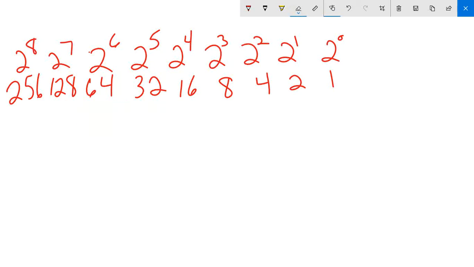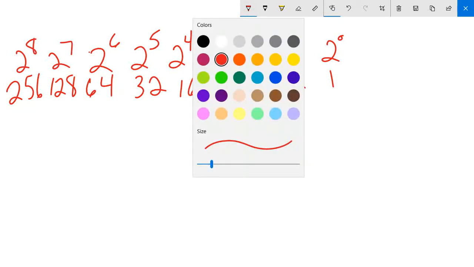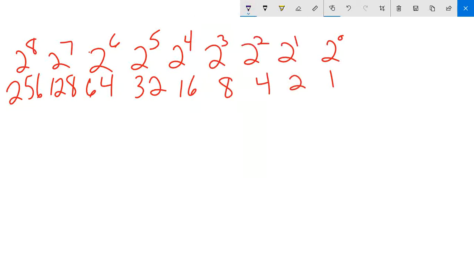I'm going to write it backwards here, in a different color, a dark blue again. So I'm putting 0, 1, 1, 1, 0, 1. I'm going backwards here. I'm double checking that, and that's correct.